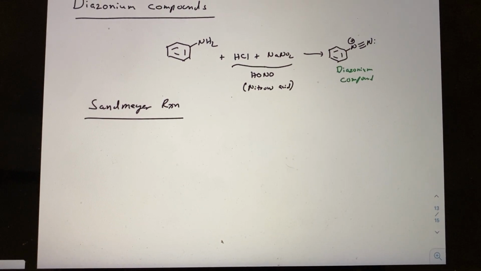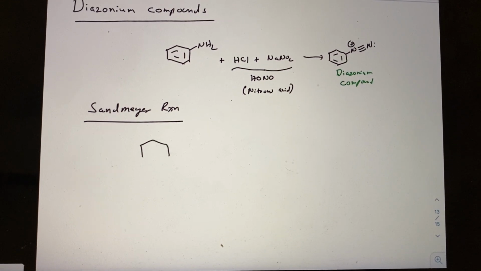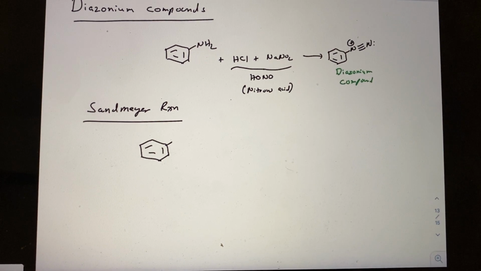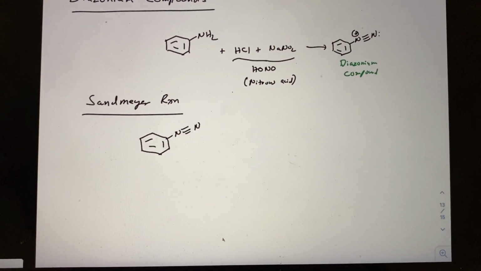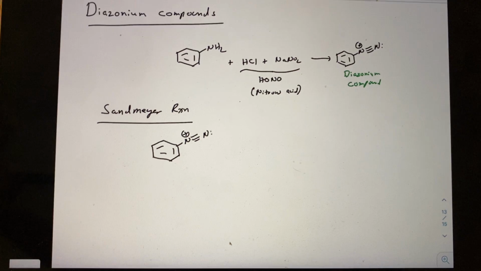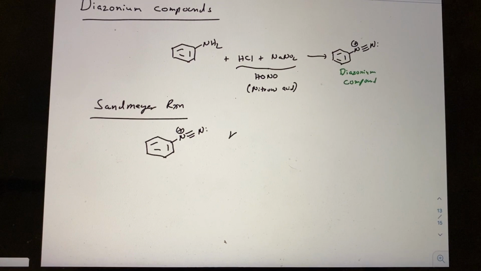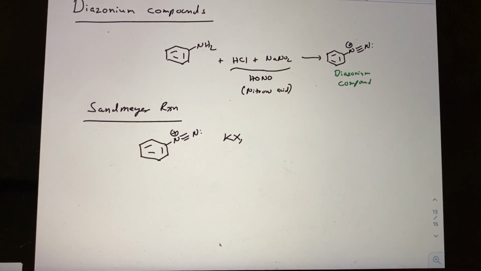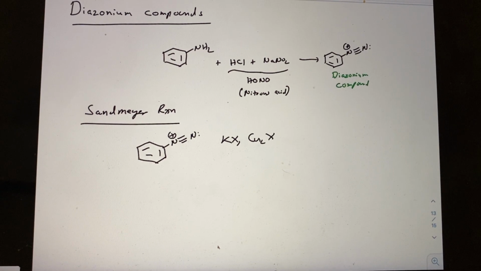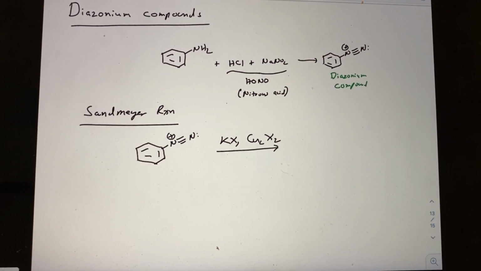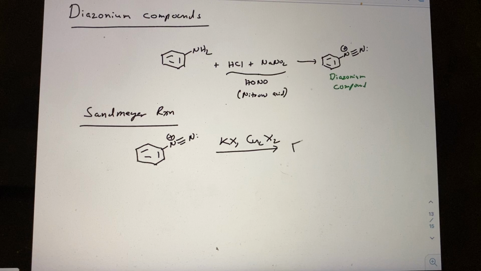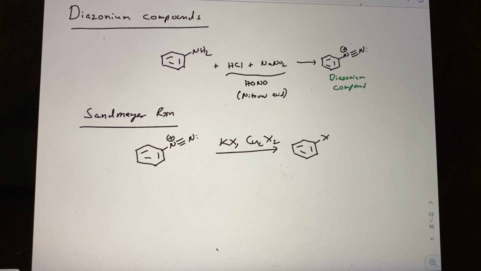What you can do is you make a diazonium compound and react this with, this looks kind of strange, but we'll say KX Cu2X2. It starts to look like algebra. And this will introduce X at this particular position.